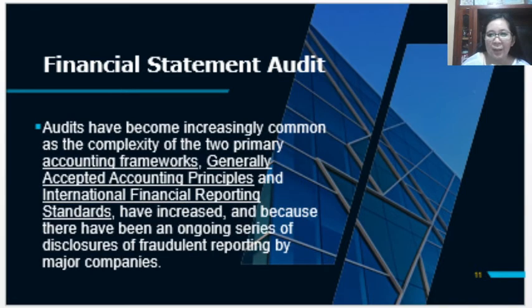Audits have become increasingly common as the complexity of the accounting frameworks, the GAAP and IFRS, has increased, and because there has also been an ongoing series of disclosures, especially of fraudulent reporting by major companies. This is very important because our frameworks or standards continue to improve.